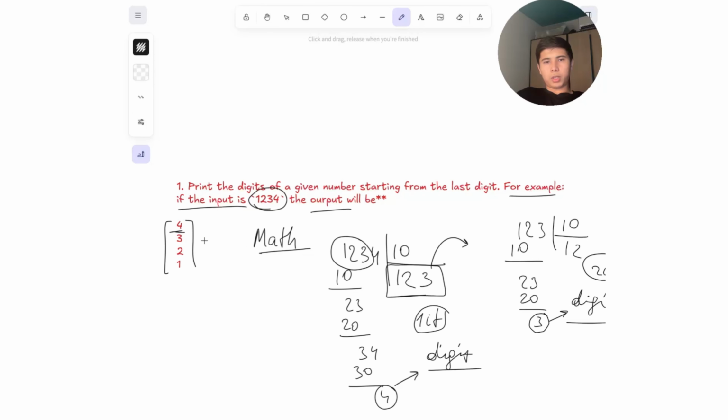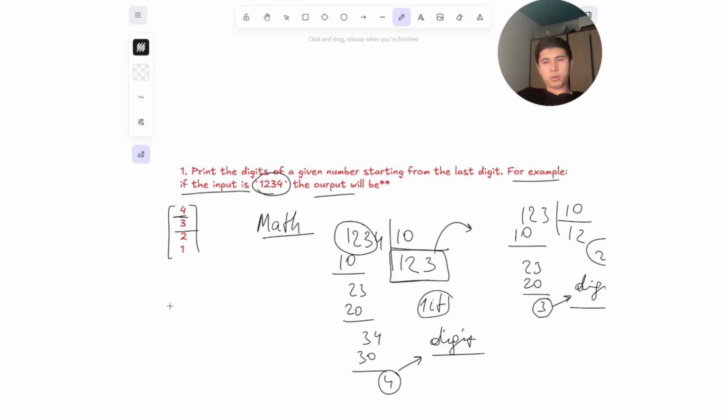So it becomes 3, and then the third iteration remained 12. 12 divided by 10, we can multiply 1 by 10 and remained 2. This is also a digit or remaining part. This is our third iteration.